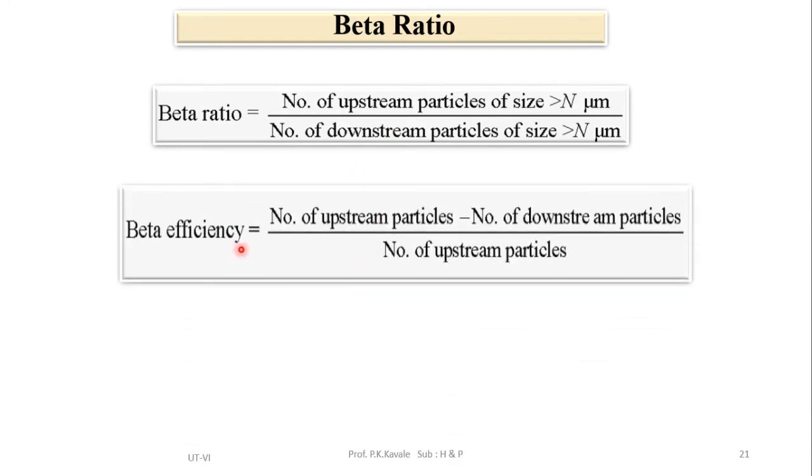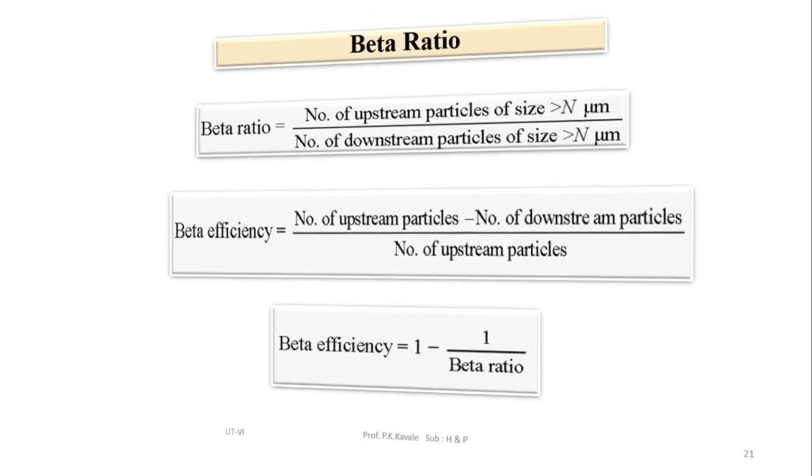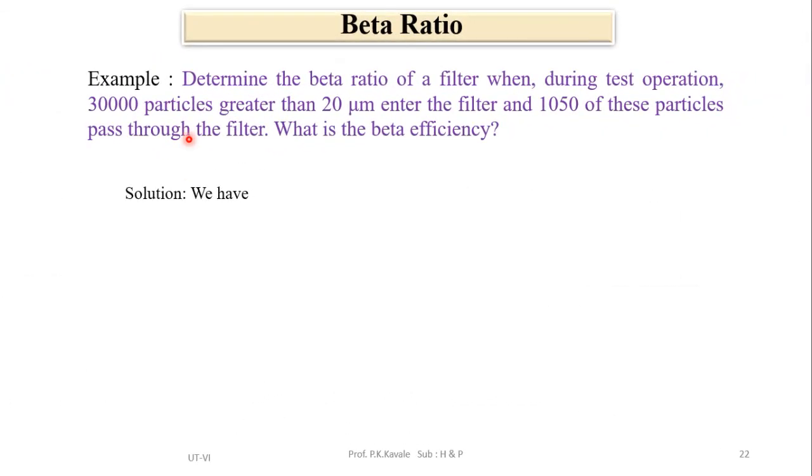So what is the beta efficiency? The beta efficiency is 1 minus 1 upon beta ratio. To understand this, we'll solve one problem. Determine the beta ratio of a filter when, during the test operation, 30,000 particles greater than 20 micrometers enter the filter, meaning upstream, and 1050 of these particles pass through the filter.